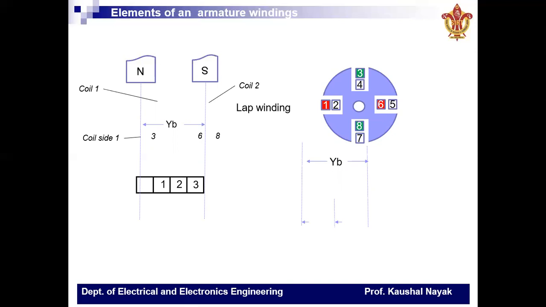Front of armature denotes the commutator end, and back of armature means the other side of the commutator.